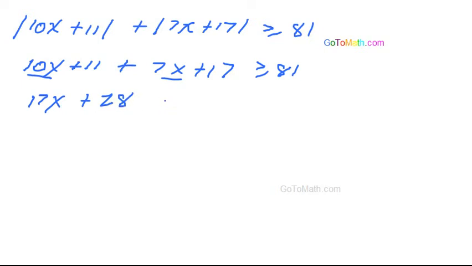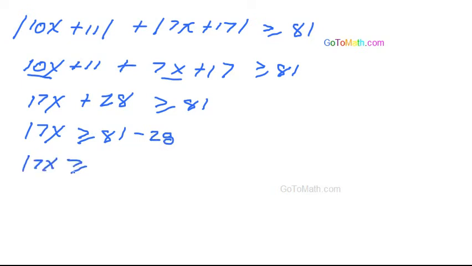Greater than or equal to 81. And now we can go ahead and take that 28 to the other side. 17x is greater than or equal to 81 minus 28, which is 53.